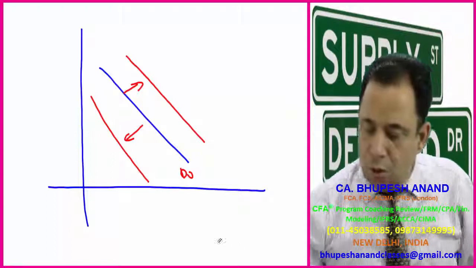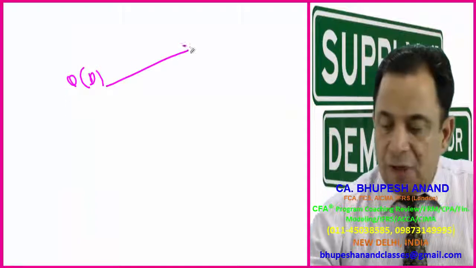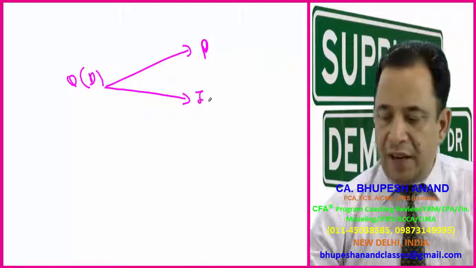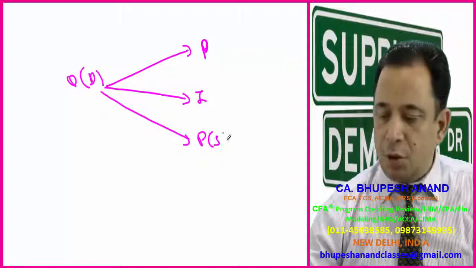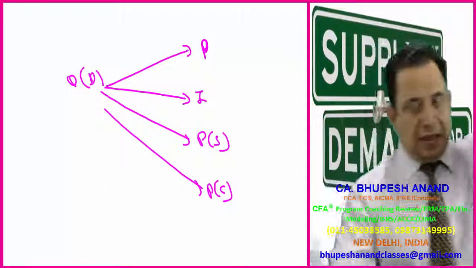I have just told you in the last lecture, number 2, that quantity demanded is a function of the price of that product. It is a function of income, of the price of substitutes, and of the price of complements.